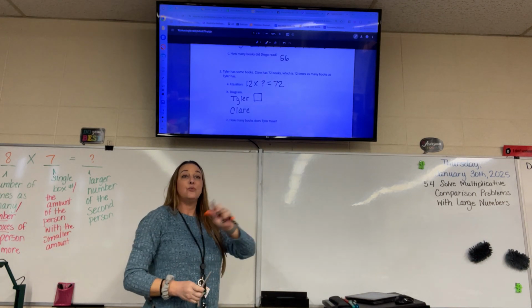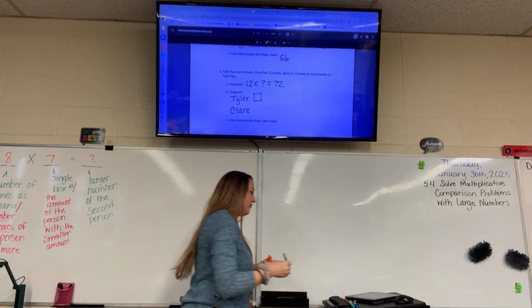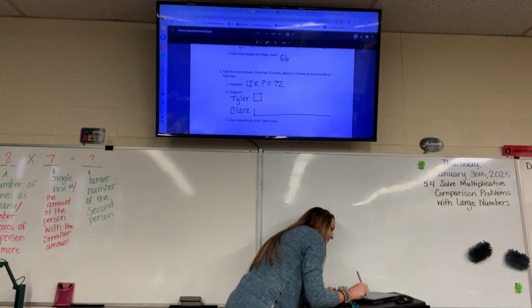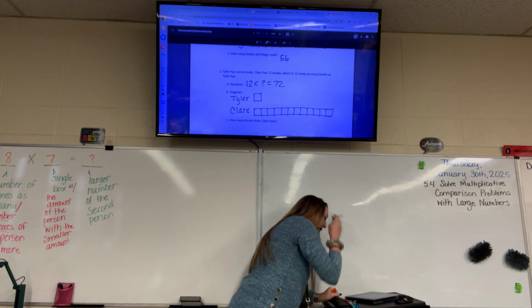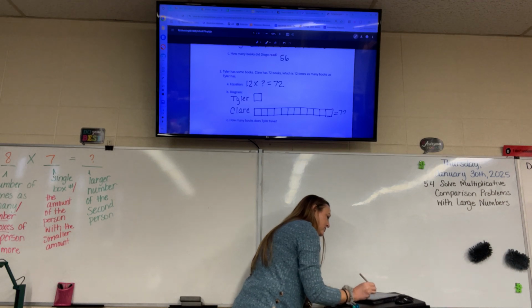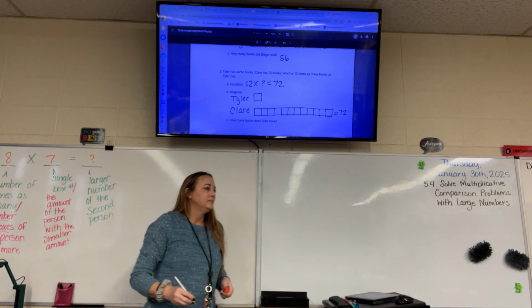So Tyler gets the 1, Claire gets the 12. So we're going to do 12 next to Claire. And all together, 72. What goes in all my boxes, Colton? 6. Yes.